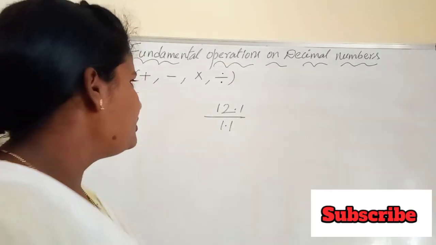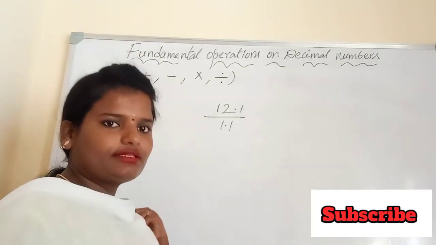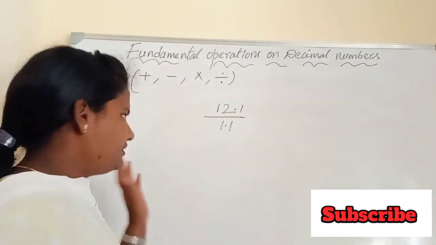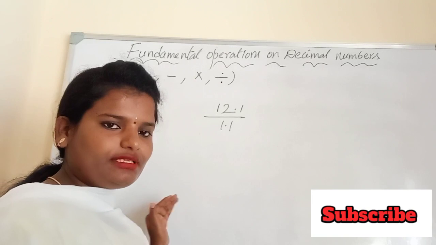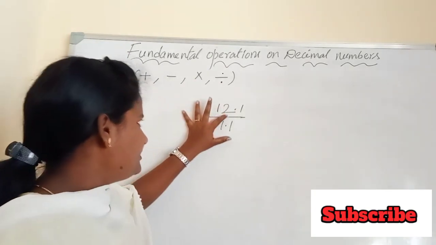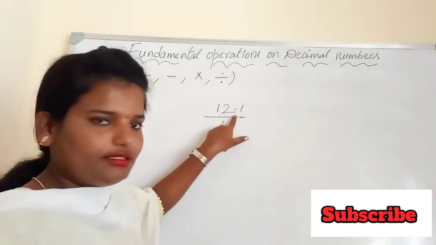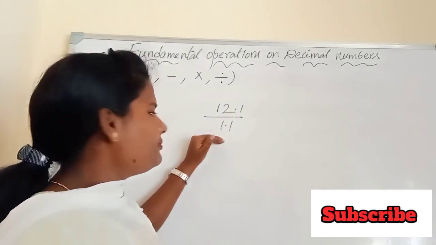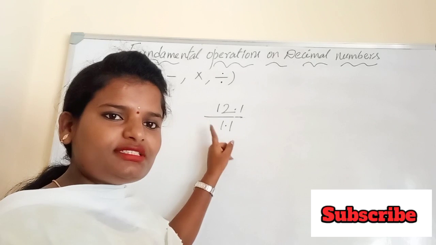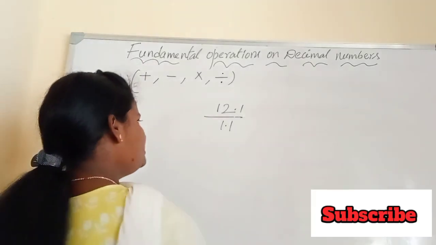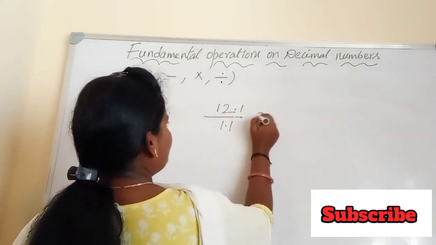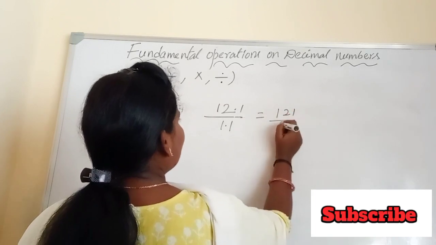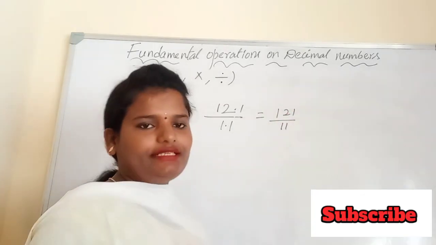So then how to do division? How to do division? 12.1 by 1.1. Here you have to observe one thing. In both the decimal numbers, first in the numerator, after the point how many digits are there? Only 1. In the denominator also after the point only 1. So now you can ignore the point. So 121 by 11 we can take directly.